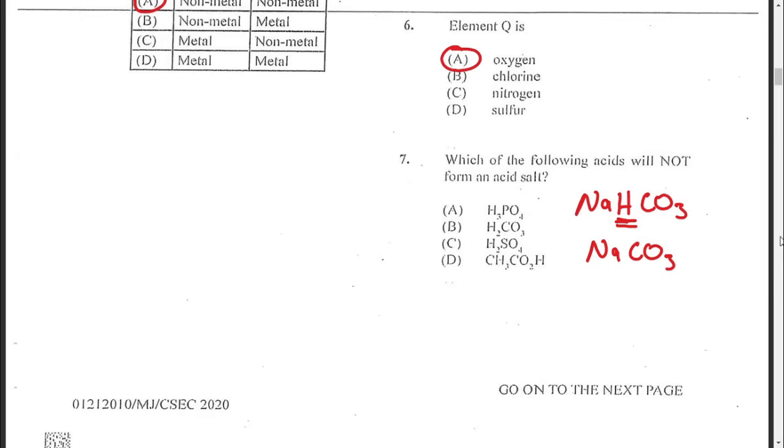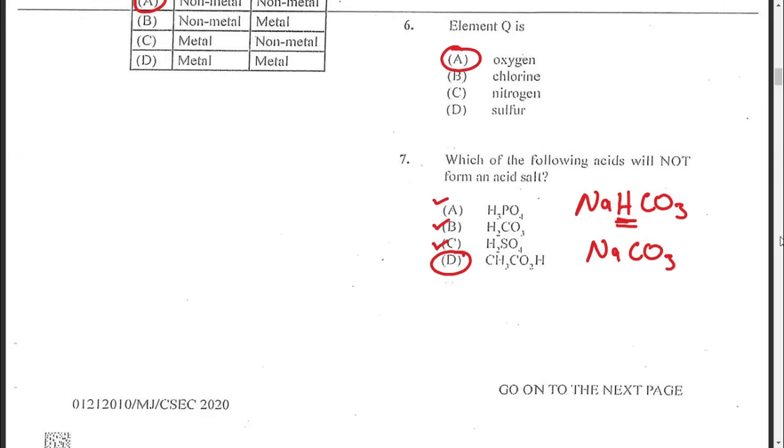So phosphoric acid would form acid salt, carbonic acid would form acid salt, sulfuric acid would form acid salt. But ethanoic acid only contains 1 hydrogen. It only releases 1 hydrogen in solution, so it would form normal salts. So the answer would be D.